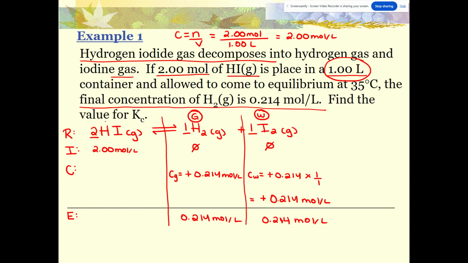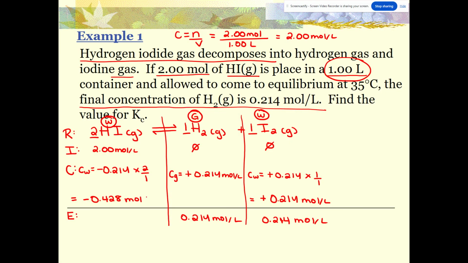Now, for my reactant, it is also a wanted. This is going to go down by 0.214 times wanted over given, which is 2/1. So the change that the HI is going to go through, 0.214 times 2, is that it's going to go down by 0.428 moles per liter.